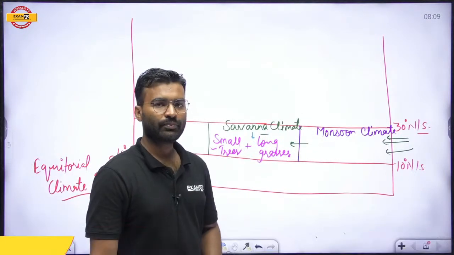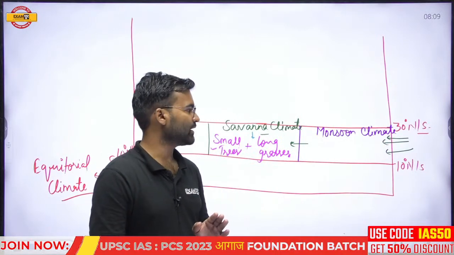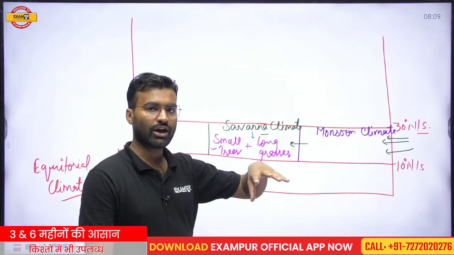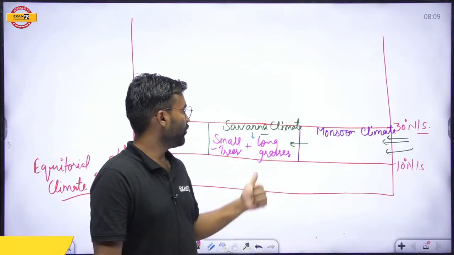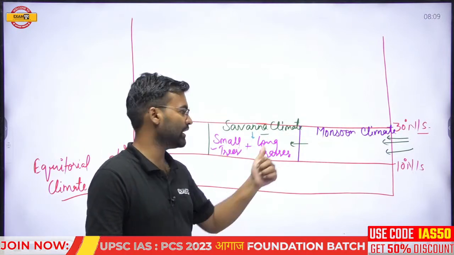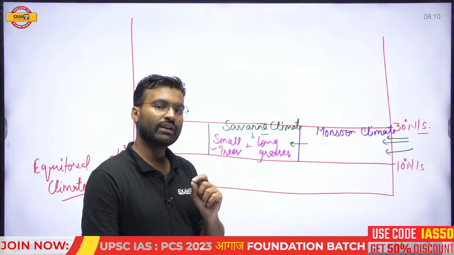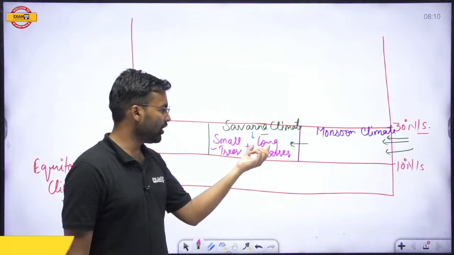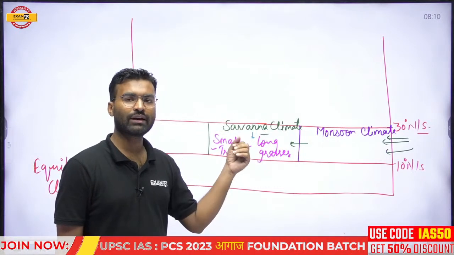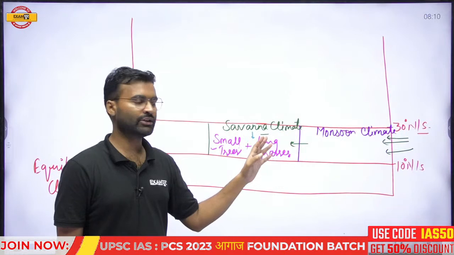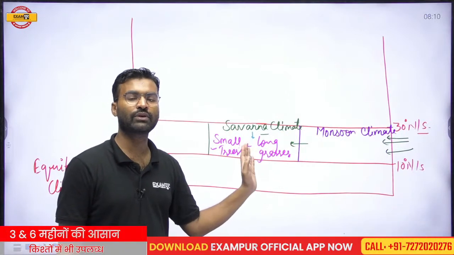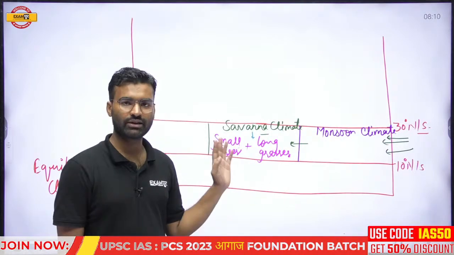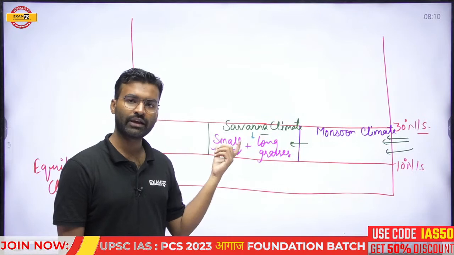In the monsoon climatic zone, when the dry season comes, all the trees found in this region shed all their leaves at the same time. Whereas in the savanna climatic condition, during the dry season, the long grasses dry out and convert into a pale, yellowish color, and the small trees shed their leaves.